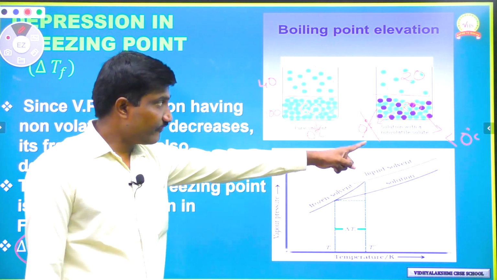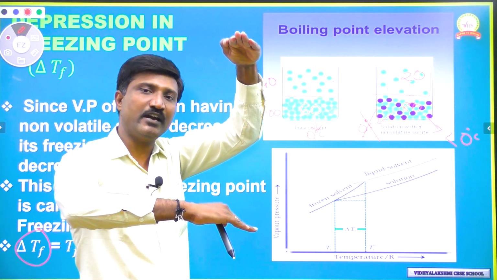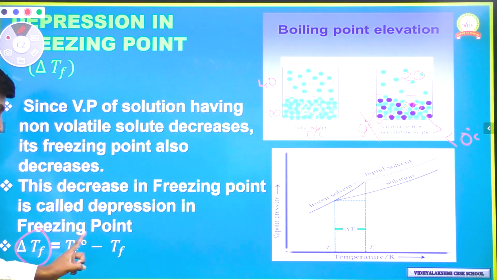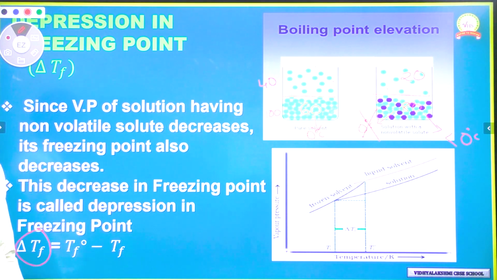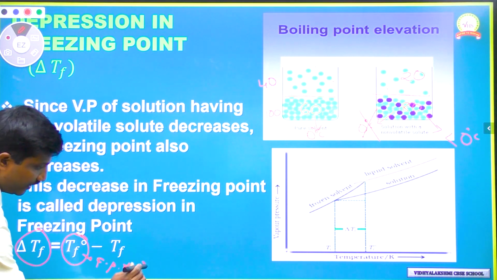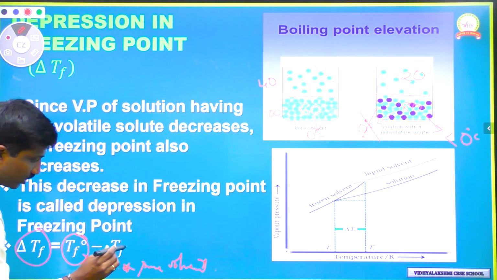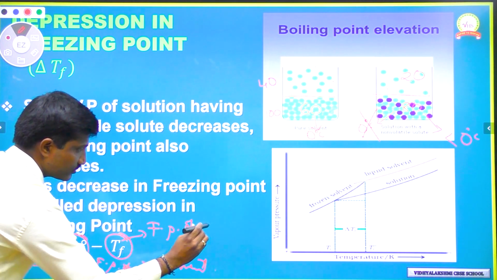Here the freezing point of the pure solvent is more and the freezing point of the solution is less, that's why more minus less. That is, freezing point of pure solvent minus freezing point of solution. So this T naught F means the freezing point of pure solvent, but TF means the freezing point of solution.